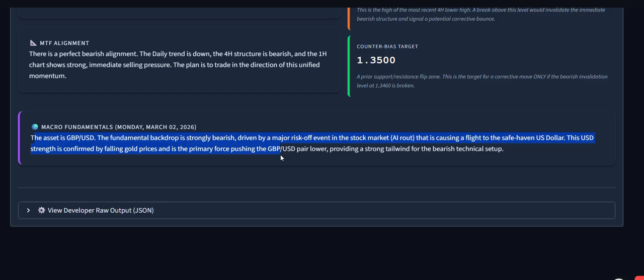Now it's also giving us a bit of fundamentals. The fundamental backdrop is strongly bearish, driven by a risk-off event in the stock market that is causing a flight to the safe haven dollar. This USD strength is confirmed by falling gold prices and is the primary force pushing the pound lower. So guys, fundamentally it sucks.